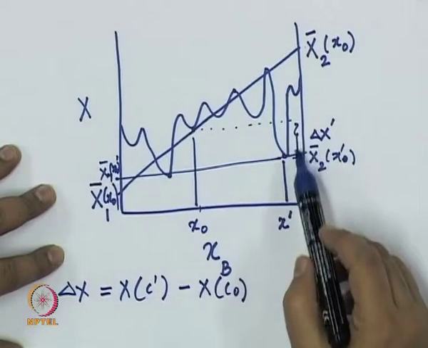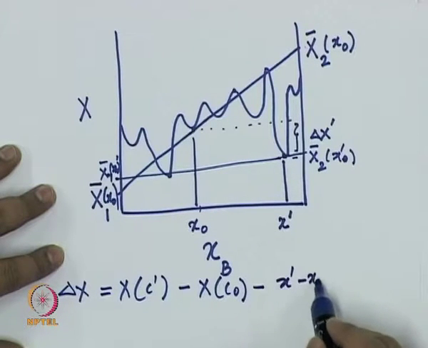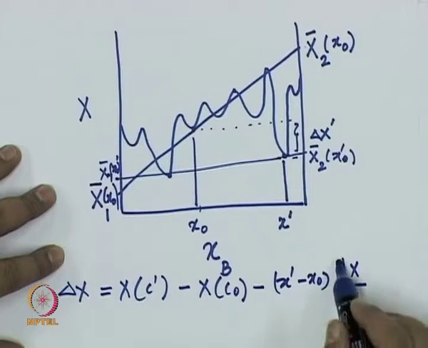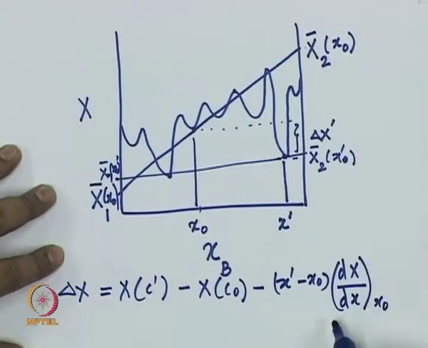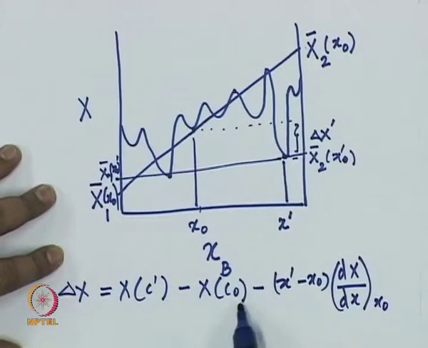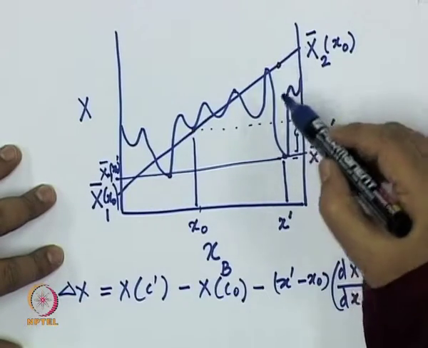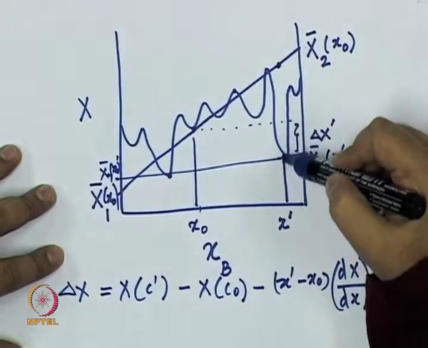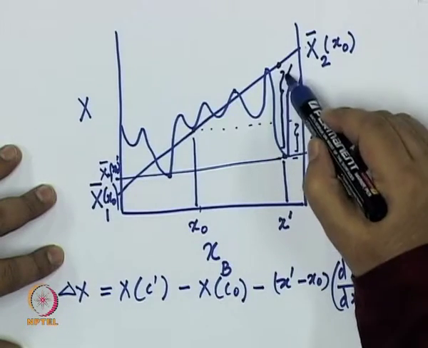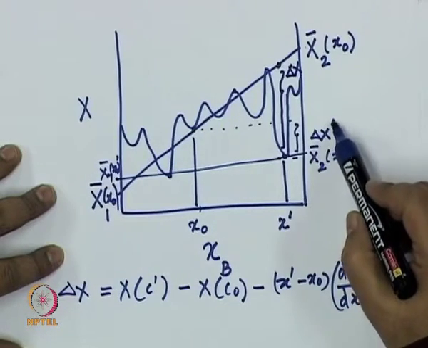So, that is this difference minus x prime minus x naught dx by dx at x naught. In other words, this quantity that we are having is nothing but this point where you are trying to calculate x prime, this distance, that is the delta x. Okay. So, that is why I marked it as delta x prime.